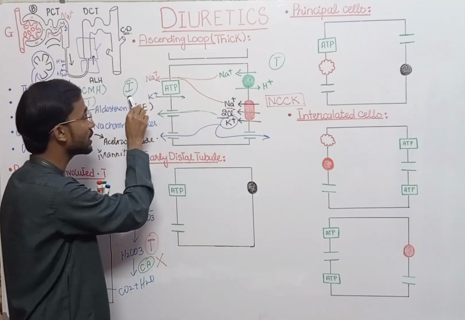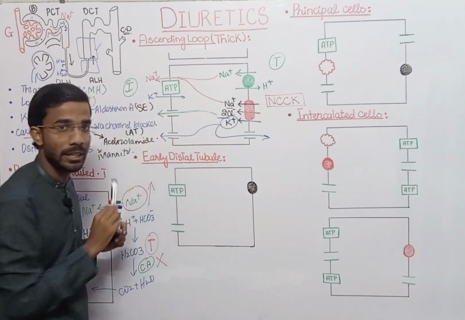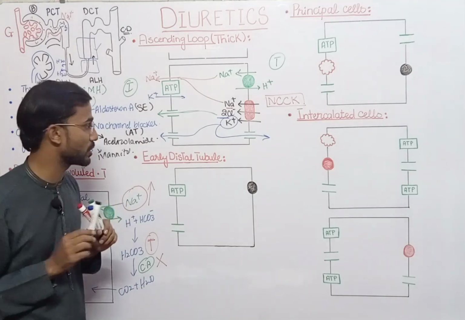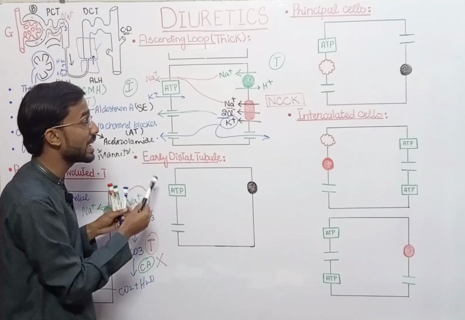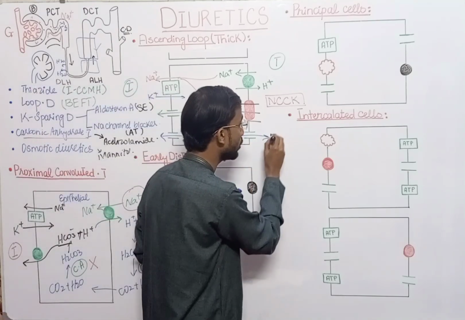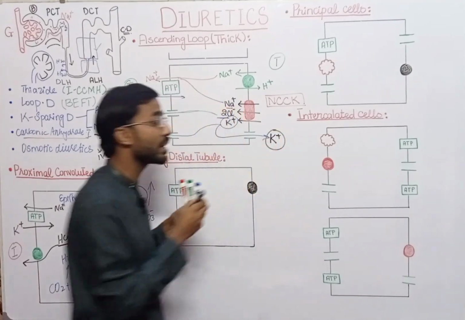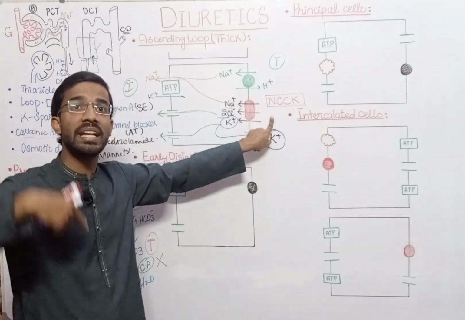Sodium will move to the interstitial space through the ATP pump, and chloride will move into the interstitial space through a different channel. Potassium has two pathways. It will move to the interstitial space, or it will move back to the tubular lumen. If potassium moves back to the tubular lumen, then what will happen? The positivity of the tubular lumen will increase.